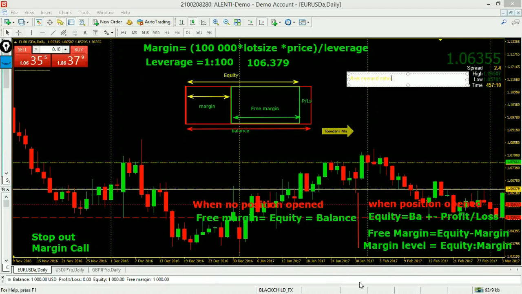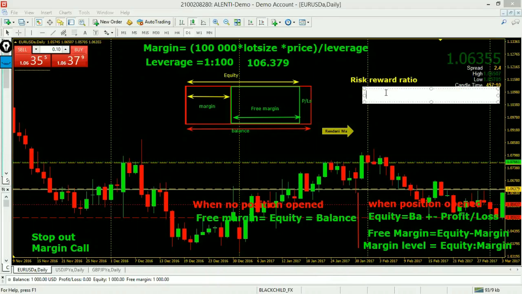The risk and reward ratio is basically how much you are willing to make against how much you are willing to lose. Let's say, for example, you have a risk reward ratio of 1:3, which means for a certain number of pips or dollars, you're willing to make three times what you are willing to lose.